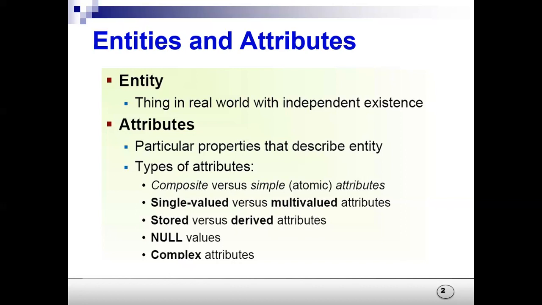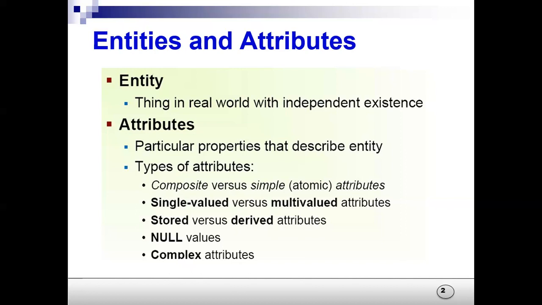Now, what do you mean by attributes? When we were going through our lab class, I told you that attributes are basically like the columns in DBMS. But what are these columns? These are nothing but the properties of the entities.